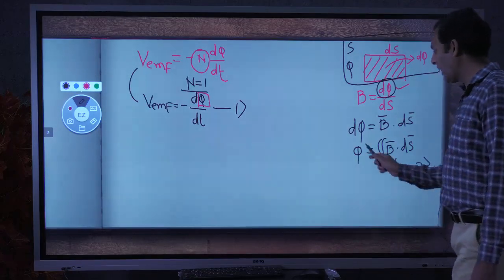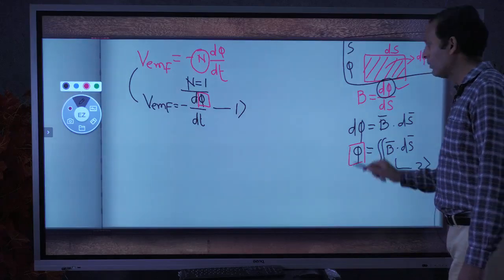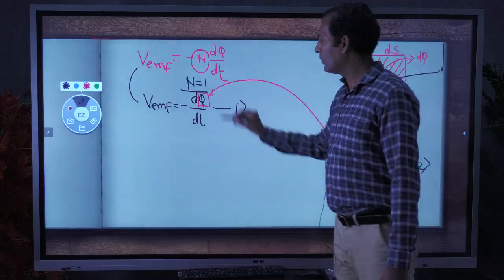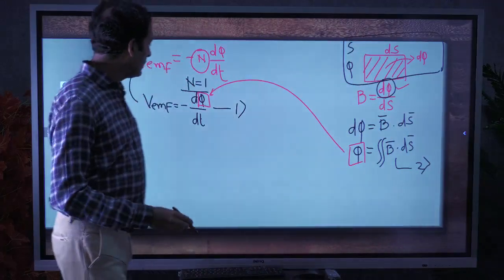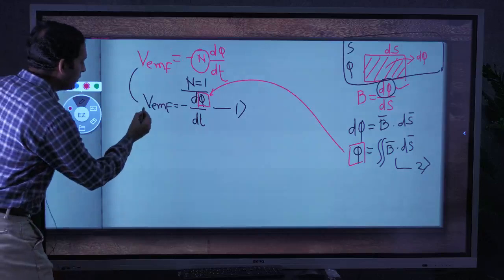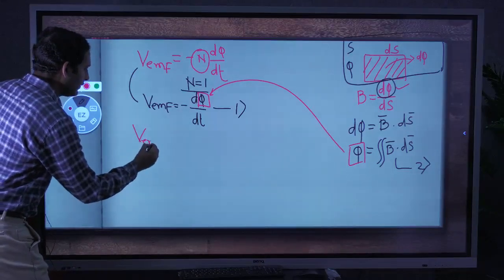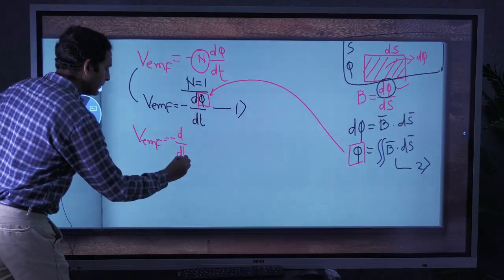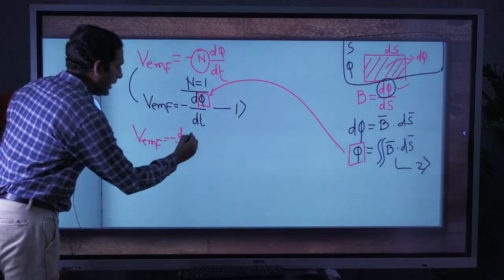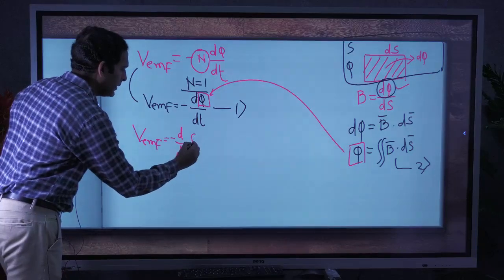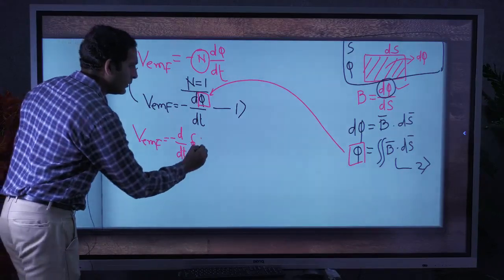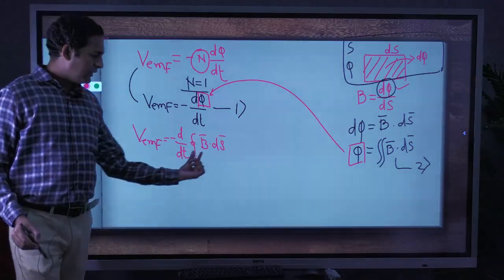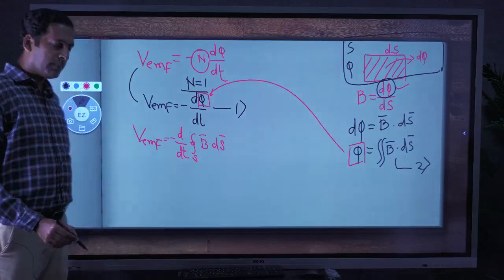Now if we put this value of phi from equation 2 in equation 1, we can write the new value for V EMF as minus d by dt of the surface integral of B bar dot ds bar. If we take this d by dt inside, we will get a partial term.